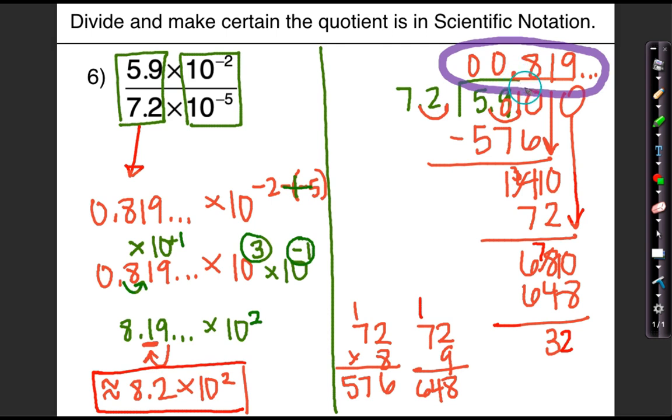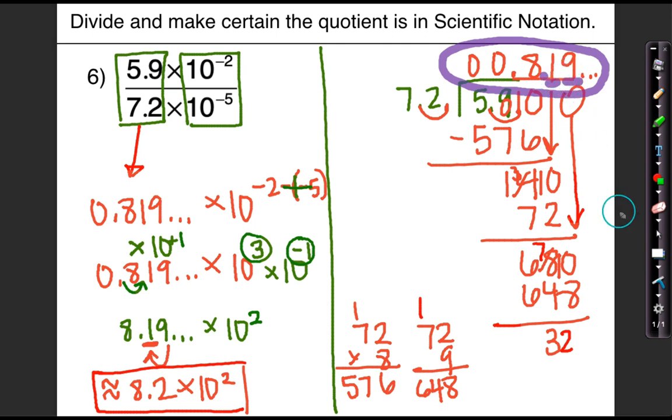I knew I was going to have to move my decimal over once to the right, which means this was now the tenths place, which means I needed another digit to tell me whether or not this 1 was going to stay a 1 or if it was going to bump up to a 2. So, rule of thumb is if you divide and it's not between 1 and 10, it's too small, you're probably going to have to divide all the way up into the thousandths place.